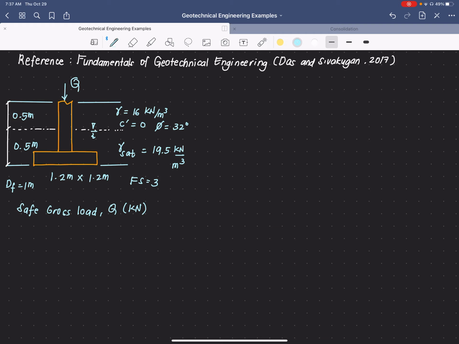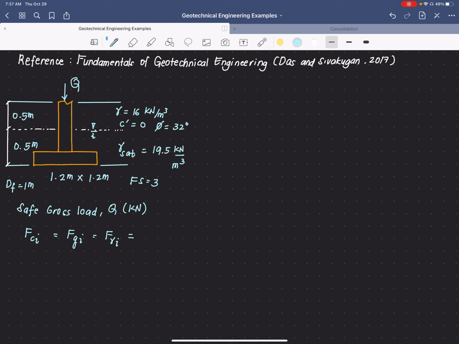But since our cohesion is 0, from the general formula, we can eliminate the first term of the equation, the C times N sub C. And since this is a vertical loading only, we have the factors F sub Ci, which is equal to F sub Qi, and also that it will be equal to F sub gamma i.